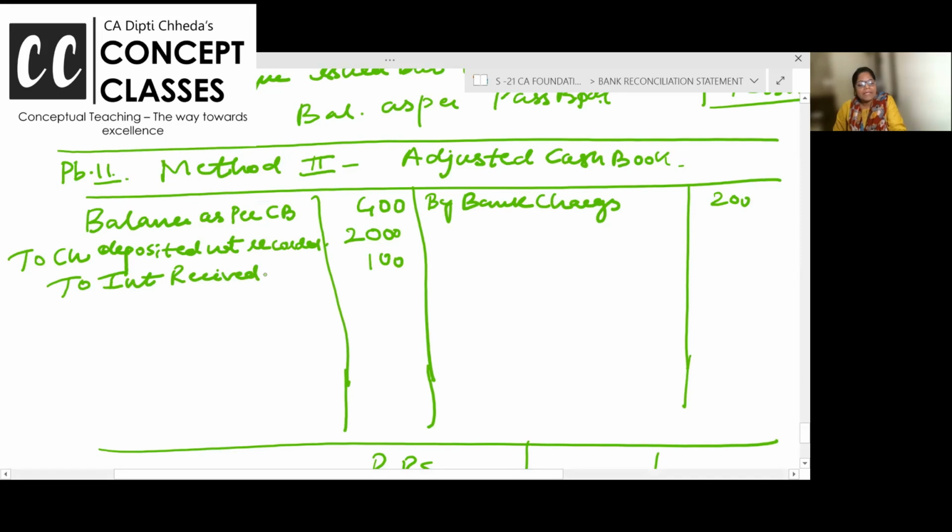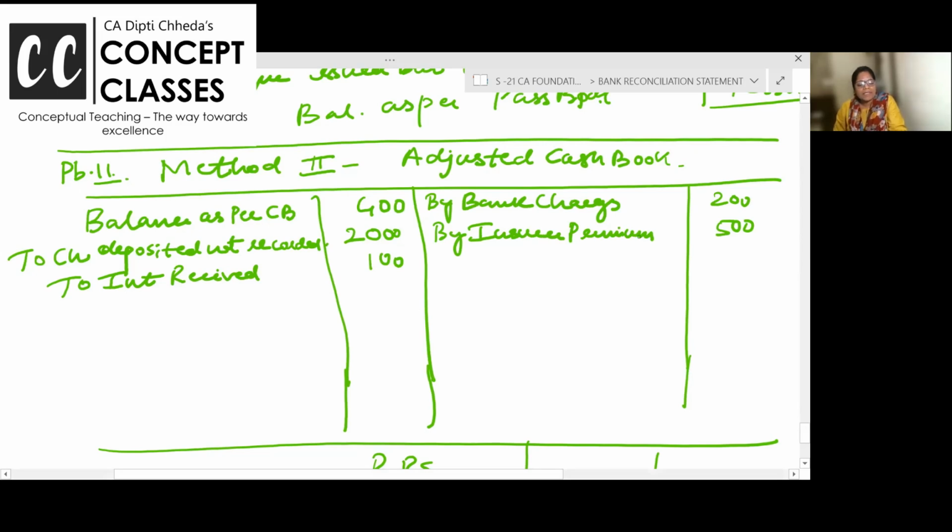Insurance premium paid directly by the bank. Money has gone from the bank. So I should also record it, no standing instructions. So the bank has paid the insurance premium. I should also credit my bank account, insurance premium.